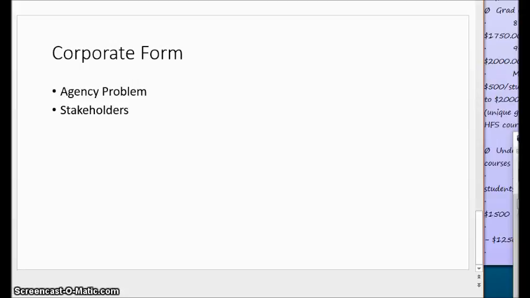The directors, managers, vice presidents and the people who run the firm are not necessarily the owners of the firm, they're just agents. You may have a conflict of interest between what the owners want versus what the management wants. You're going to read about the agency problem, but that arises only in the corporate form because the managers of the firm are not the owners.